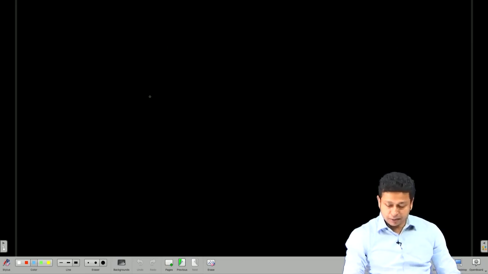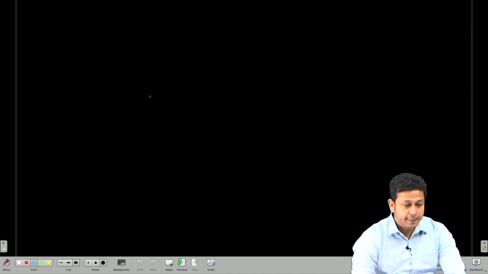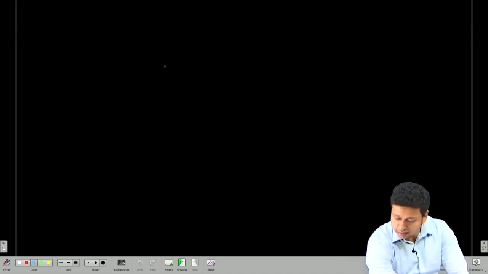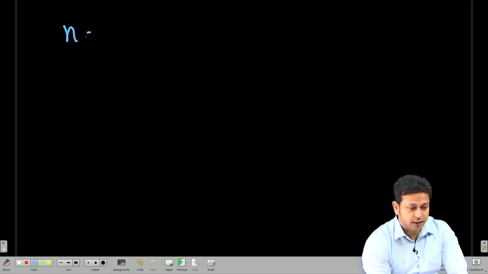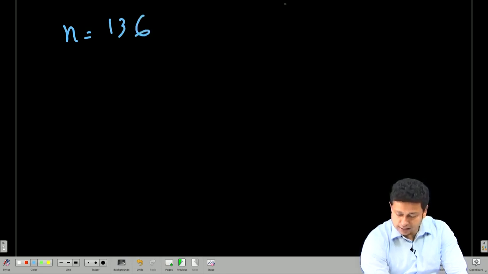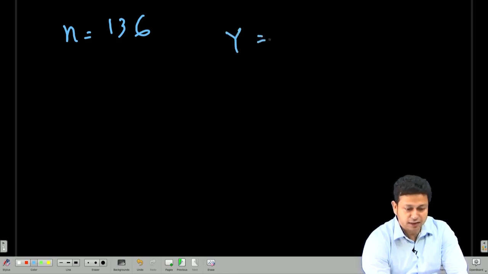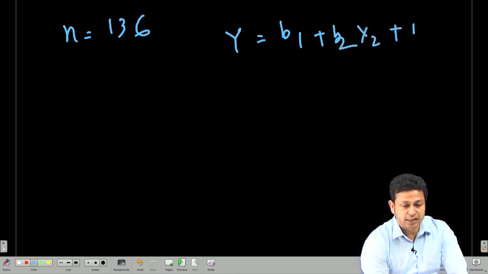I'll give you this problem. Let's say I am running a regression with n equal to 136, and let's say I have this model. I don't need to specify the model, I only need the degrees of freedom from here: B1, B2 x2, B3 x3 plus the error term.